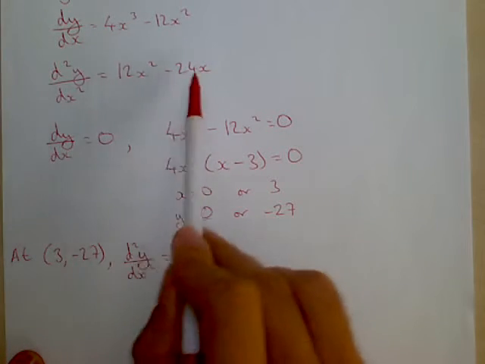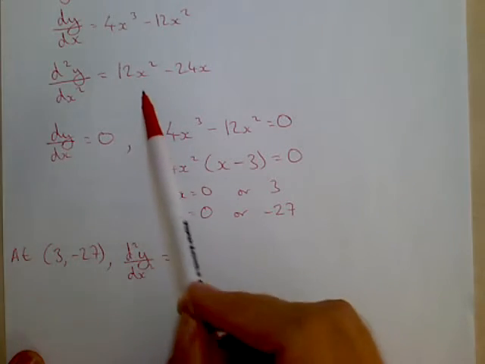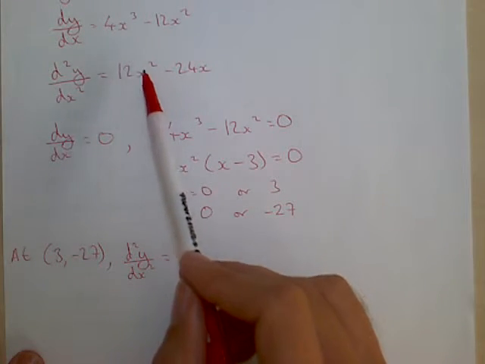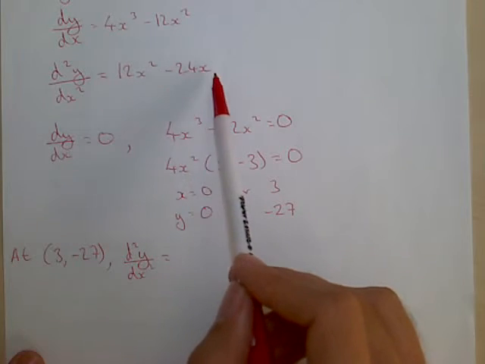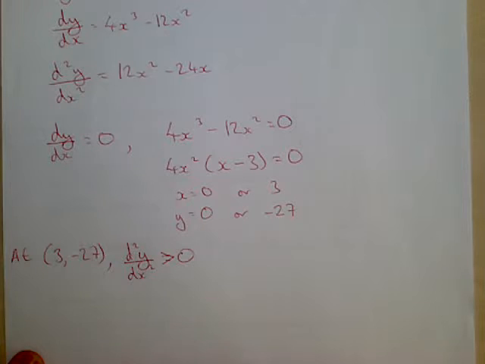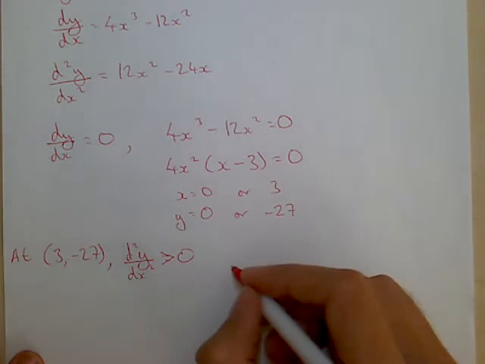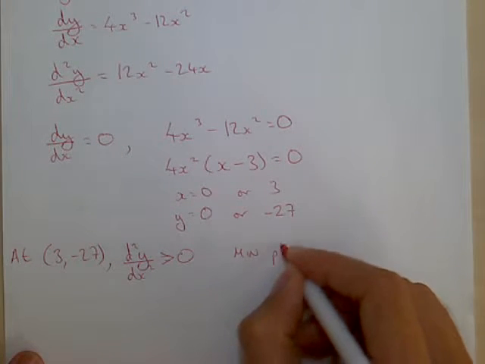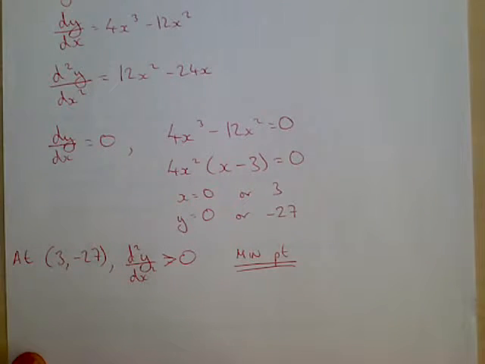And most importantly, I want to determine, is that going to be positive or negative? So 12 times 9 is going to be greater than 24 times 3. So basically I know that this is going to be a positive result. If that's a positive result, then it means I found a minimum point there.